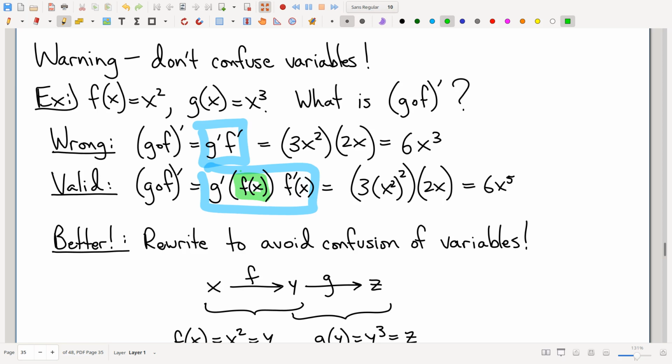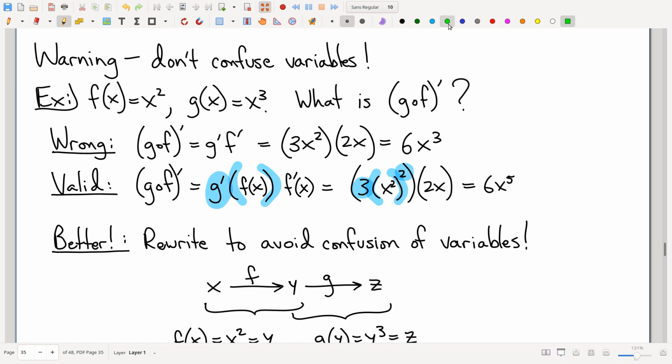So being a little bit more careful here, I recognize that g prime is that. Namely, whatever you're going to plug into g prime is going to be 3 times whatever that thing was squared. Right?